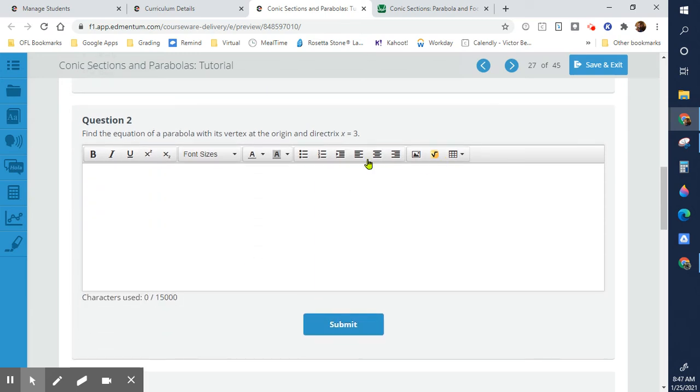So now it's giving us the directrix. Now keep in mind that the directrix is always minus. If it's at the origin, we have to subtract our p from the x value. If the directrix is x equals, this tells us that we're dealing with a horizontal parabola.